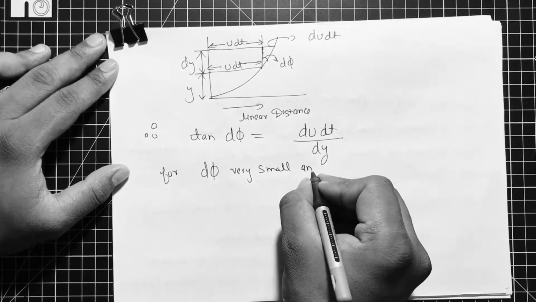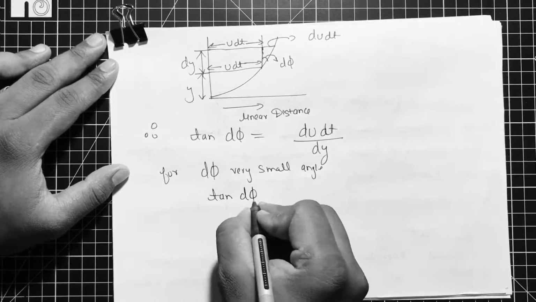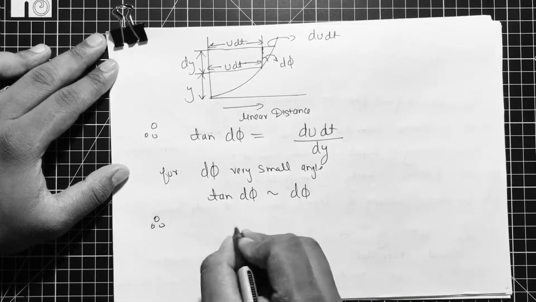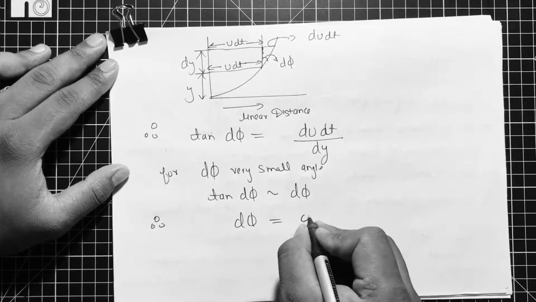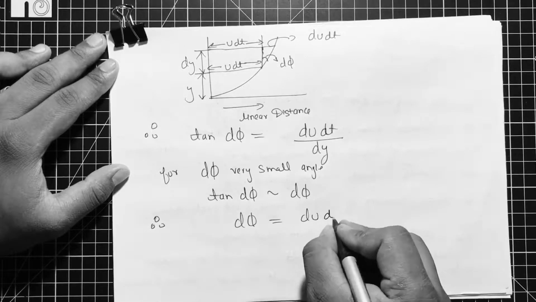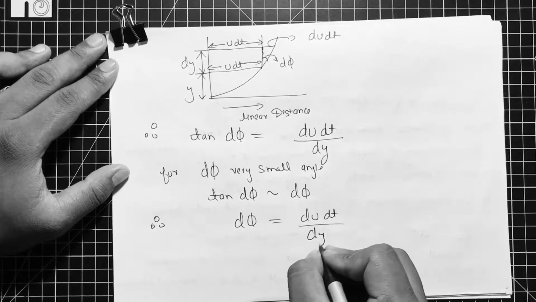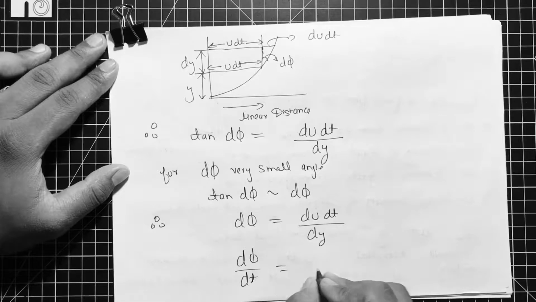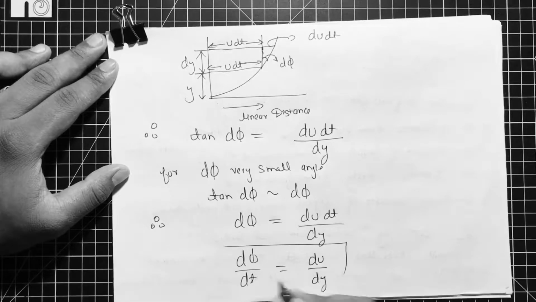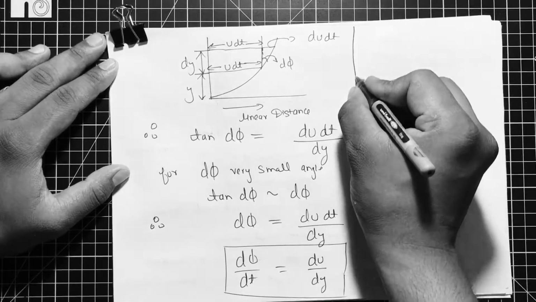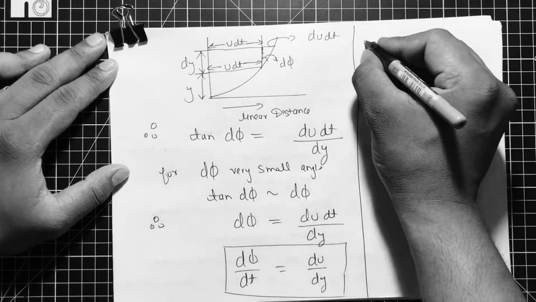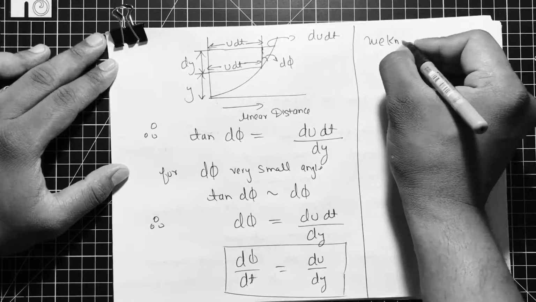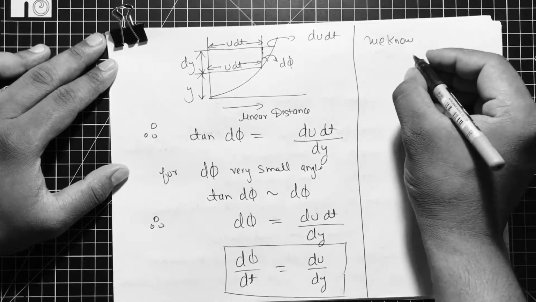Considering that this angle d phi is very small, we can write tan d phi is almost equal to d phi. Therefore, the above equation will change into d phi is equal to du dt by dy, and if we write d phi by dt, it will become equal to du by dy.